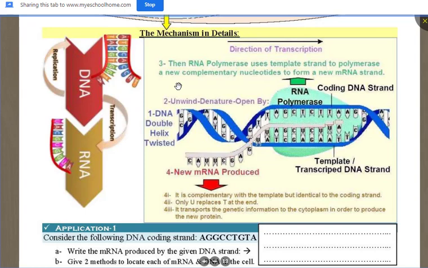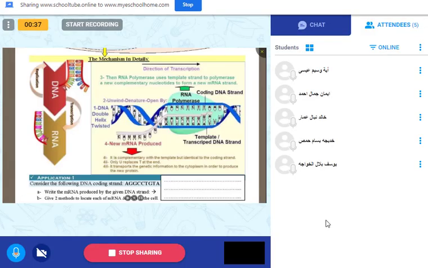Now, who wants to read for me the first step, number 1? What do I have in the beginning? I will read it. Yalla Eman, please. First step, DNA double helix twisted.